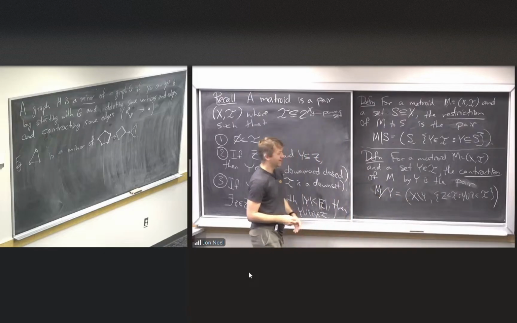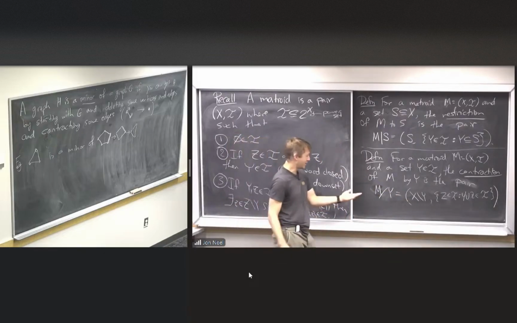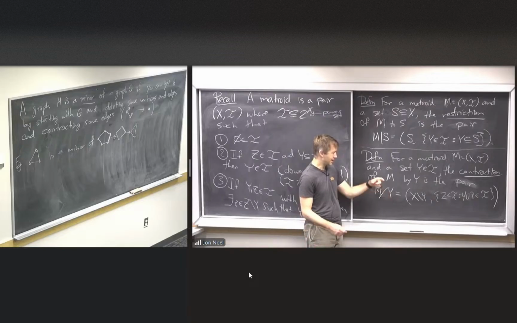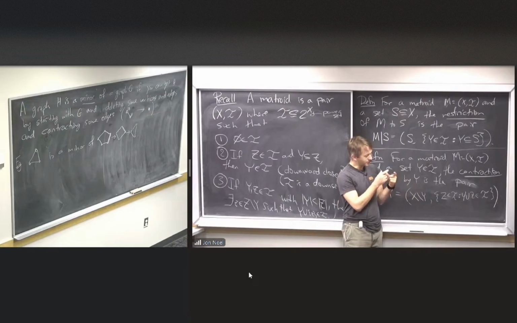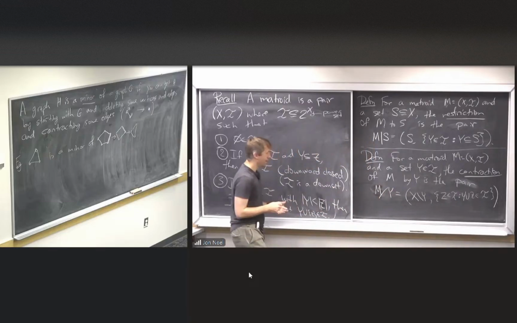This is how you describe the spanning trees in the graph after I contract an edge: all the things that are spanning trees in the old graph, but where I could add that edge to get a spanning forest in the old graph. Okay.